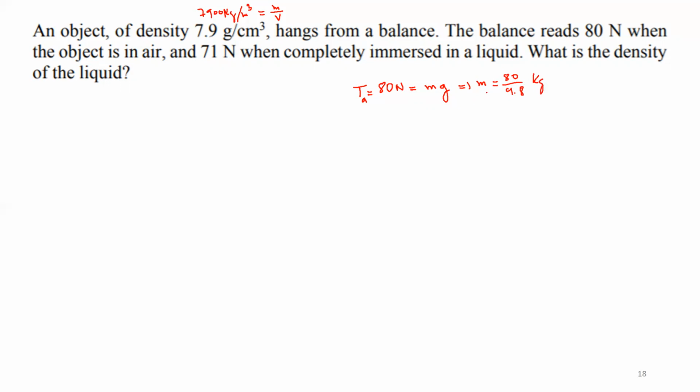Since I know the mass, I know the volume of the object because the density is mass over volume. So the volume of the object will be equal to the mass, 80 divided by 9.8, divided by rho, so 1 over 7,900.